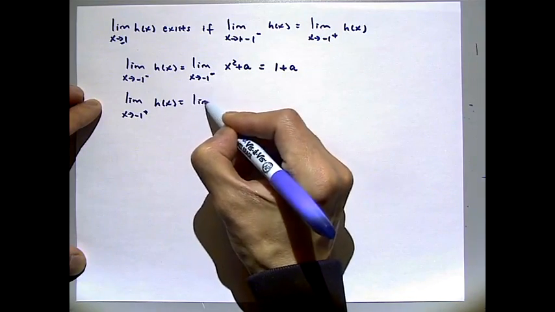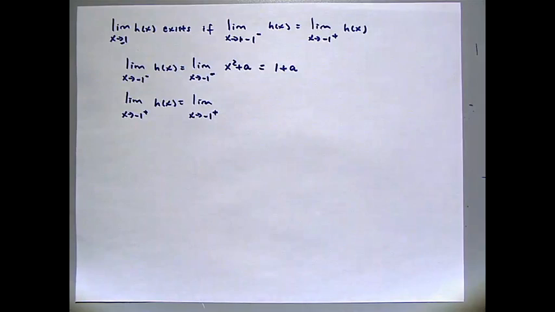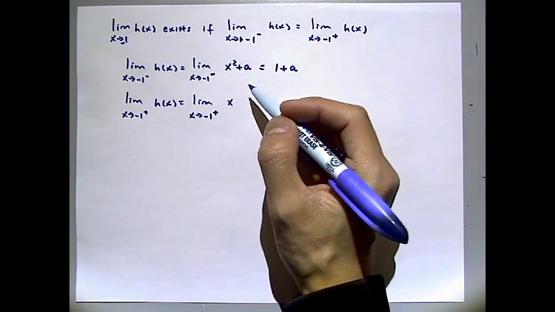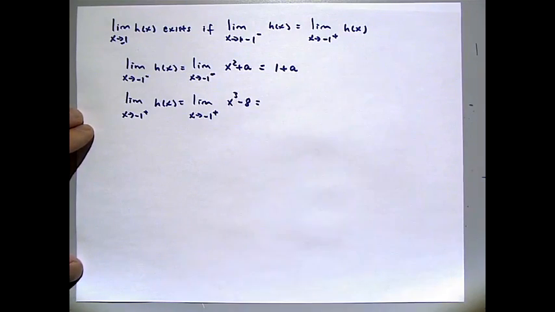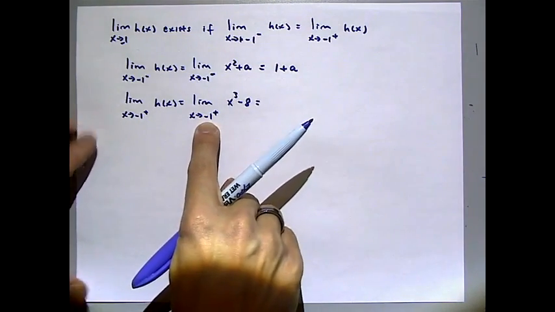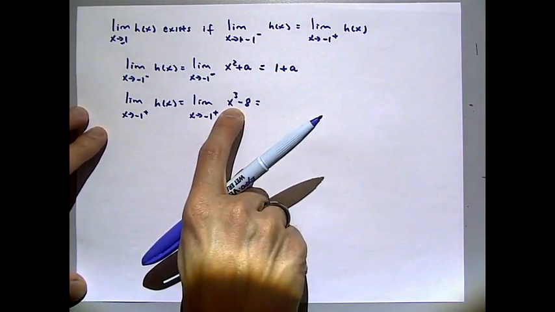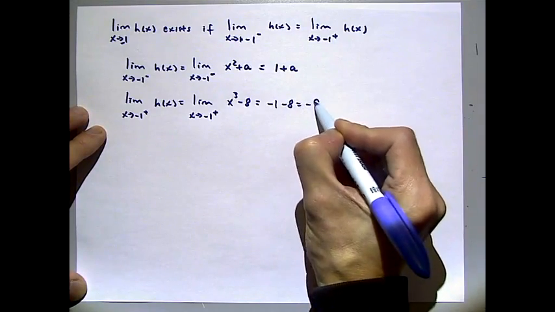The limit from the right side, we're looking at the bottom branch this time, x cubed minus 8, sorry. And now when x becomes closer and closer to minus 1, this becomes closer and closer to minus 1. Minus 1 minus 8 is minus 9.